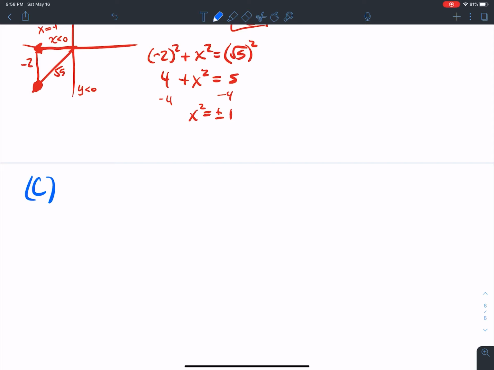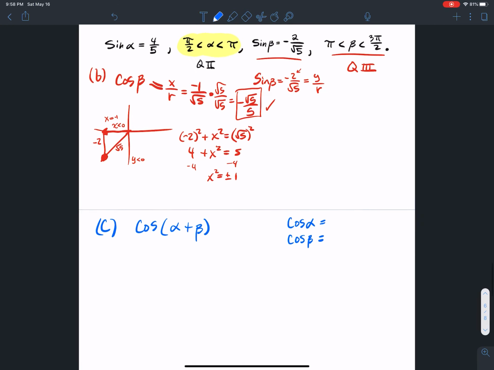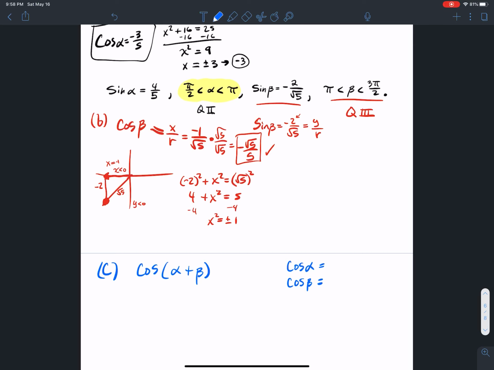C is the cosine of alpha plus beta. Now, what do we know? We've actually calculated the cosine of alpha and the cosine of beta in the previous problems. Cosine of beta, we just found, is negative square root 5 over 5. Cosine of alpha is negative 3 over 5.